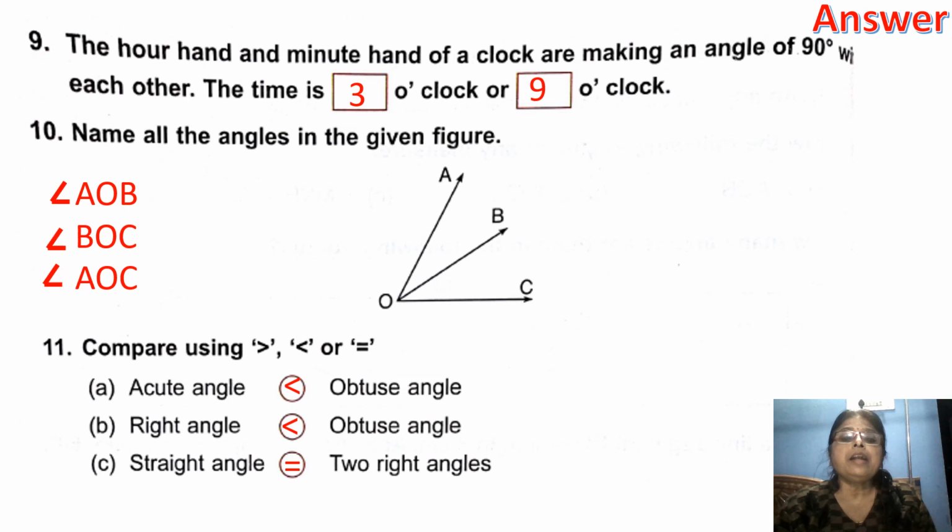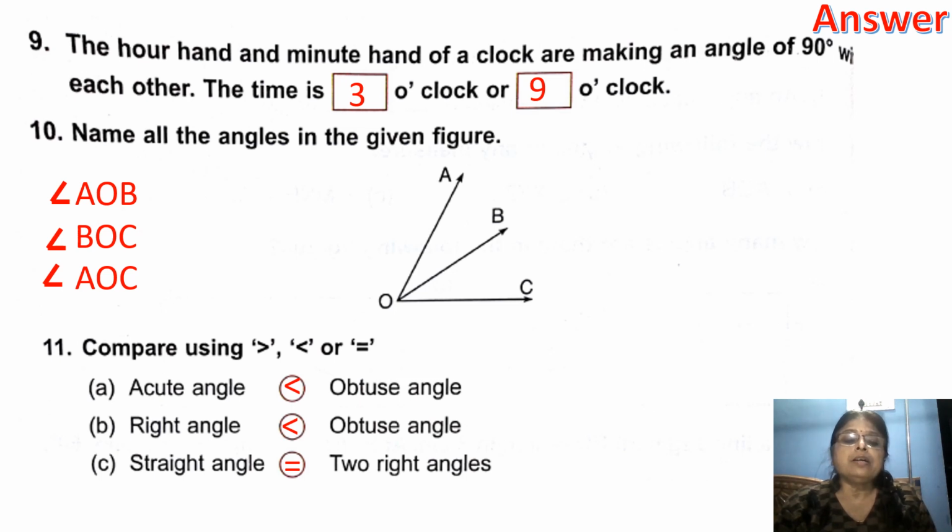The hour hand and the minute hand of a clock are making an angle of 90 degree, and the time is 3 o'clock and 9 o'clock. In question 10, you have to write the name of all angles. In this figure, AOB is the first angle, BOC is the second angle, and AOC is the third angle.